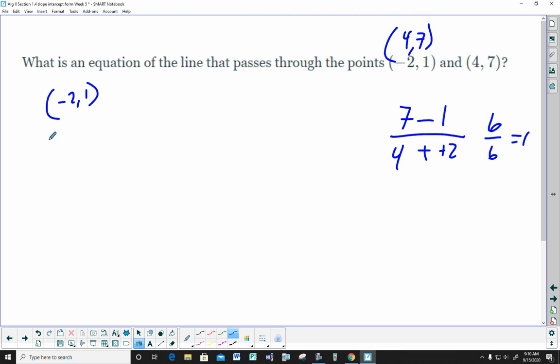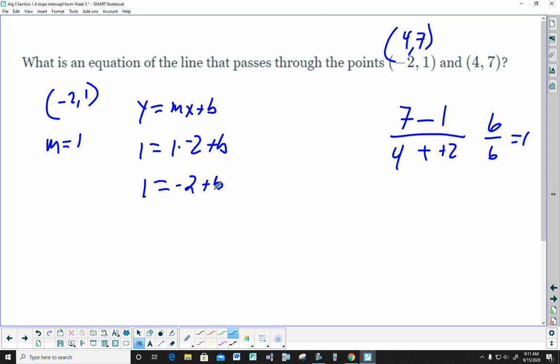I know m is 1, and the point is this. So filling in what I know into this, I've got 1 is equal to 1 times -2 plus b. So that's 1 is equal to -2 plus b. Add the 2 to both sides. B is equal to 3. So your final answer is y is equal to 1x plus 3.